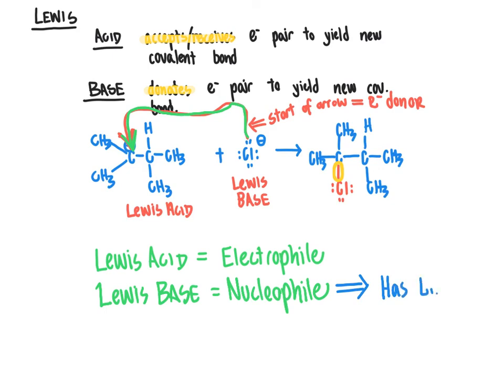So for Lewis bases, we have to have a lone pair or a pi bond to act as that donor of electrons, because Lewis bases, or synonymously nucleophiles, are going to be able to donate electrons. So that's our three definitions of acids and bases: Arrhenius, Bronsted-Lowry, and Lewis, going from the most restrictive definition, Arrhenius, to the broadest definition, Lewis acid and Lewis base.